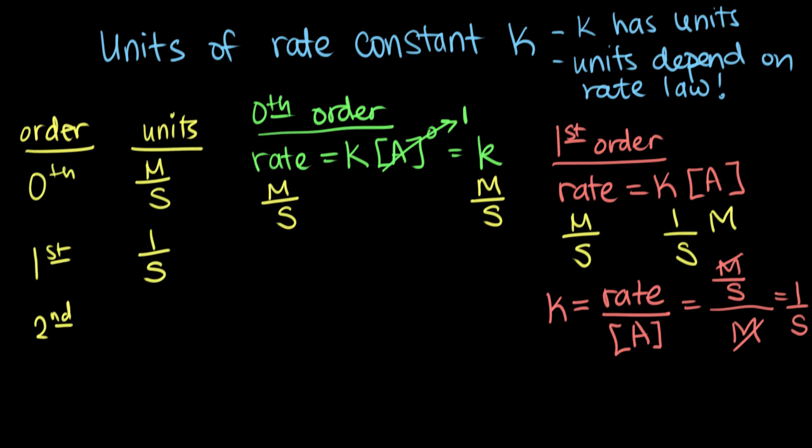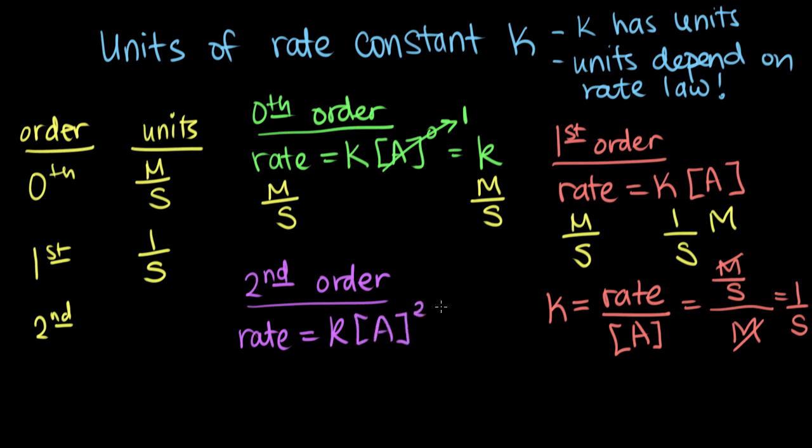The last example we're going to go through is for 2nd order reactions. So 2nd order rate laws have the form rate is equal to our rate constant K times the concentration of our reactant to the 2nd power. So on one side, we have molar per second for the rate, and on the other side, since our concentration is squared, we have molar squared.